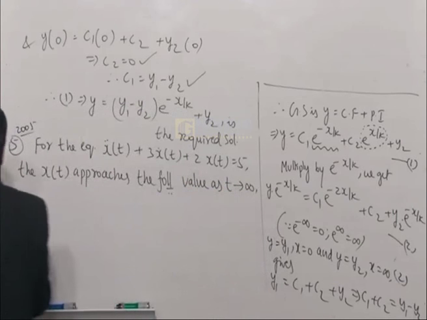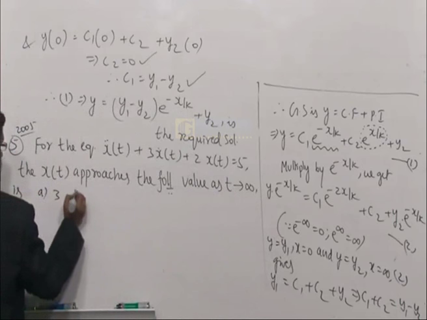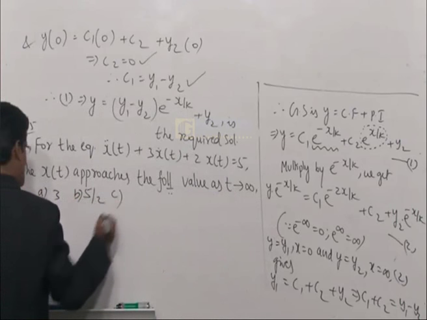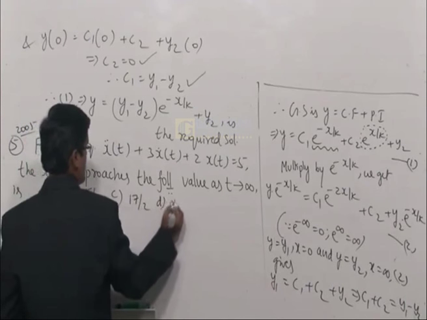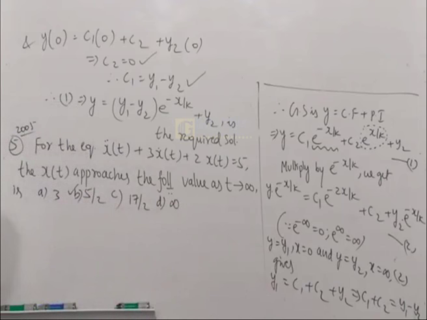Options: A 3, B 5 by 2, C 17 by 2, D infinity. Answer is 5 by 2.